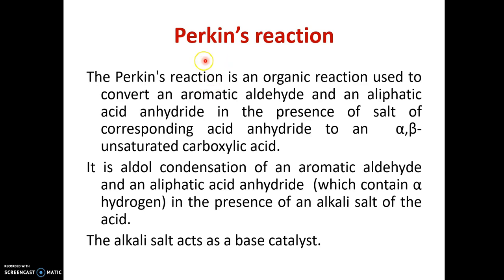Here in the case of the Perkin reaction, an aromatic aldehyde is going to react with an aliphatic acid anhydride in the presence of the salt of the corresponding acid to give the alpha beta unsaturated carboxylic acid.